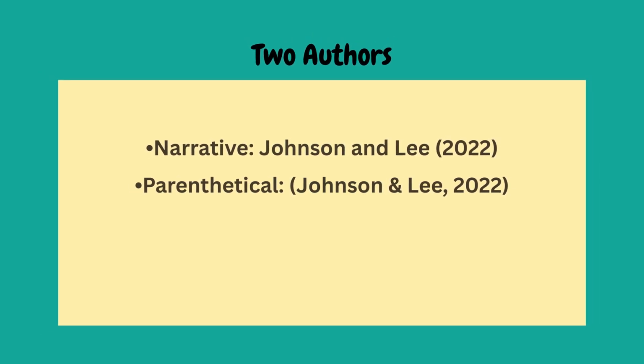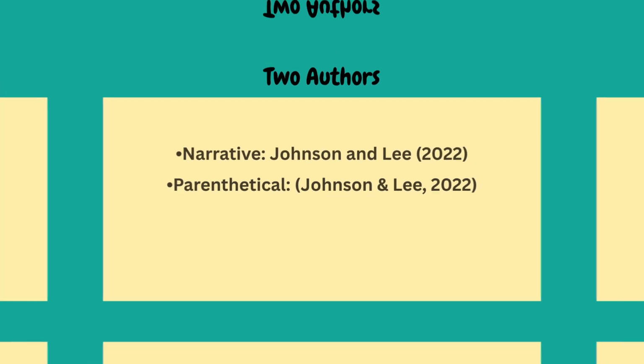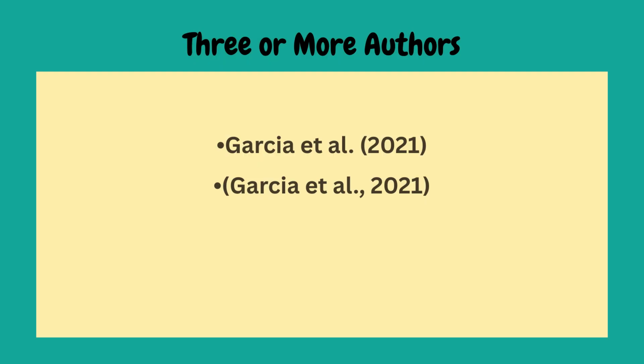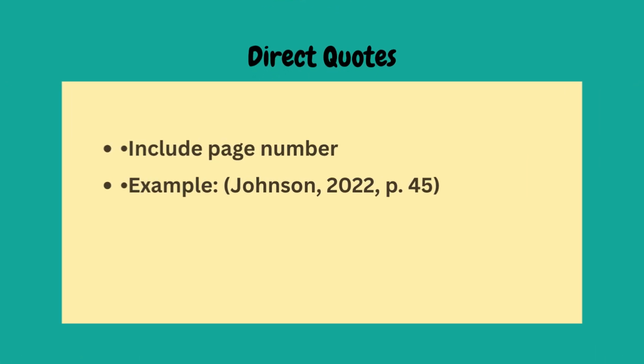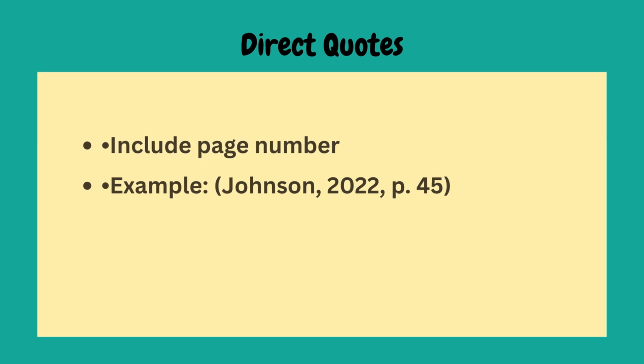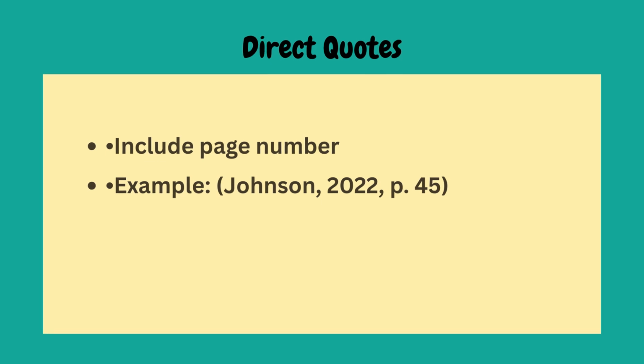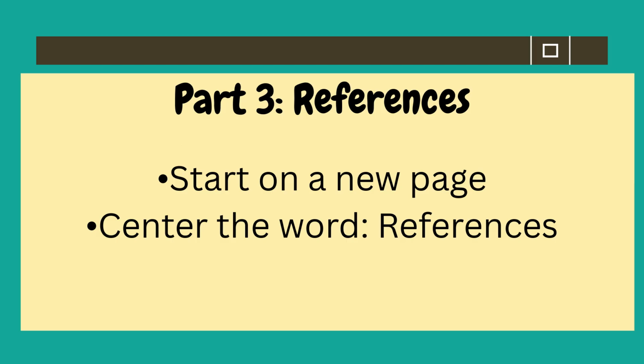If a source has three or more authors, you only write the first author's last name, followed by the words et al. For example, Garcia et al. (2021) found that structured writing improves comprehension. If you include a direct quotation, you must also include the page number. (Johnson, 2022, p. 45).